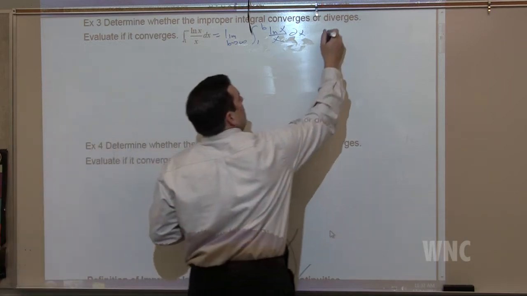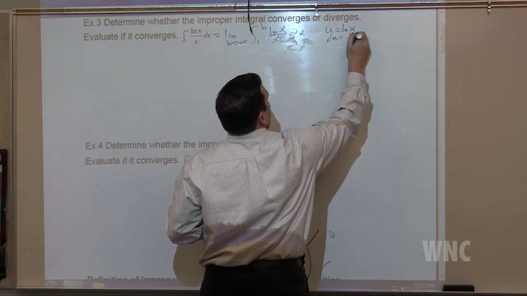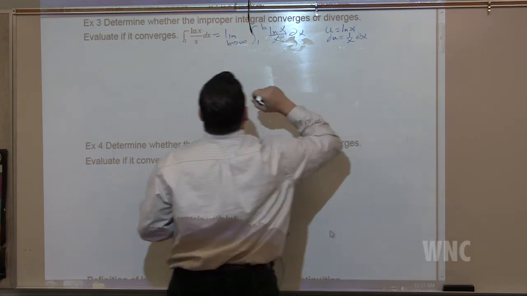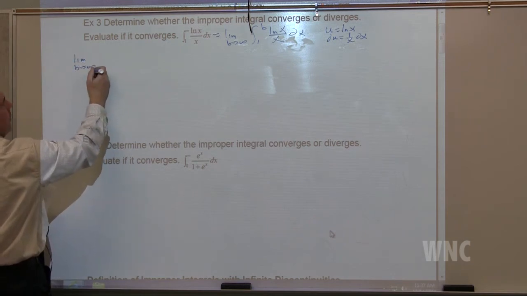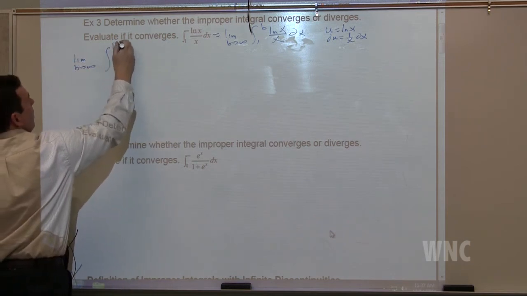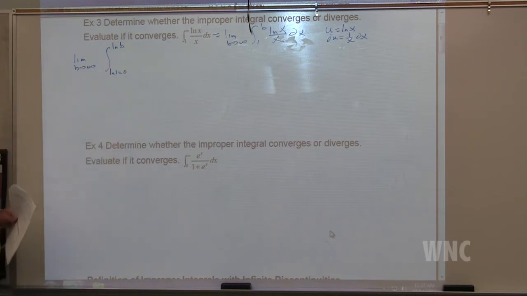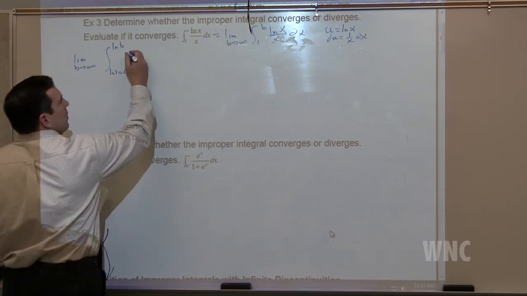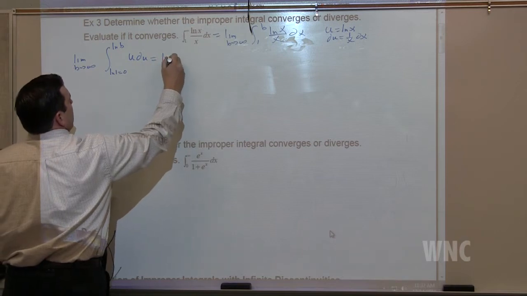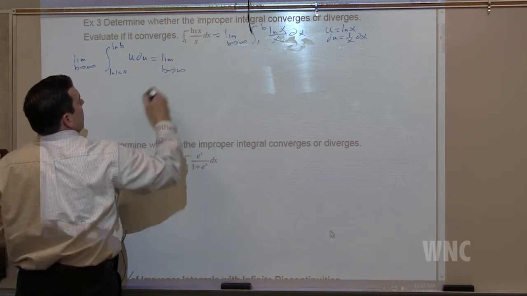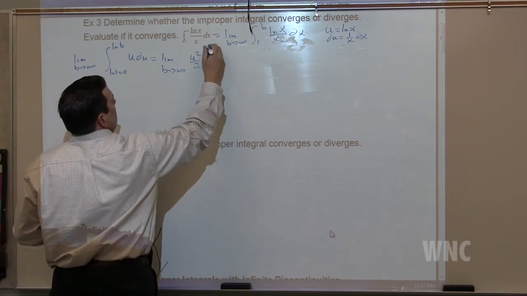So if I say u equals natural log of x, and du would be 1 over x dx, we're going to have the limit as b goes to infinity of the integral from natural log of 1, we know that's 0 though, to natural log of b, of u du. So that becomes the limit as b goes to infinity of u squared over 2 from 0 to natural log of b.